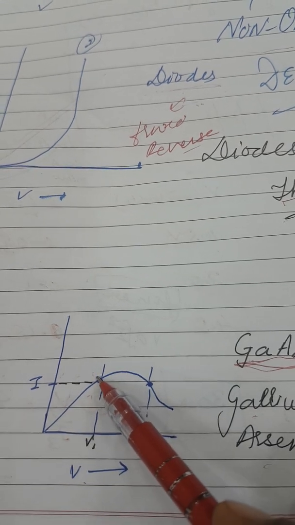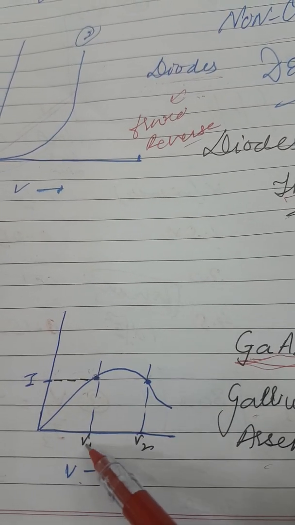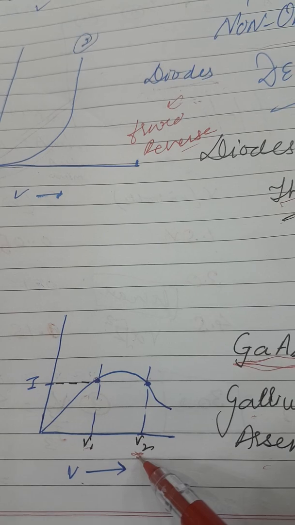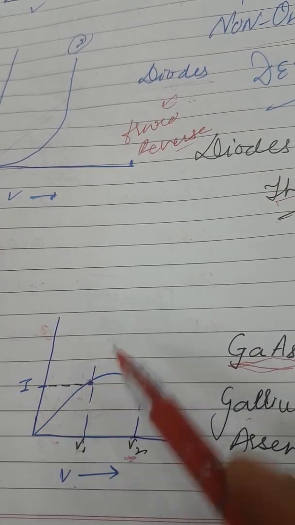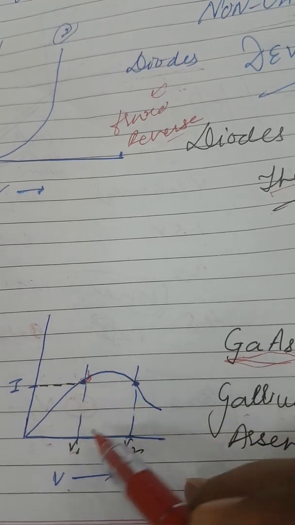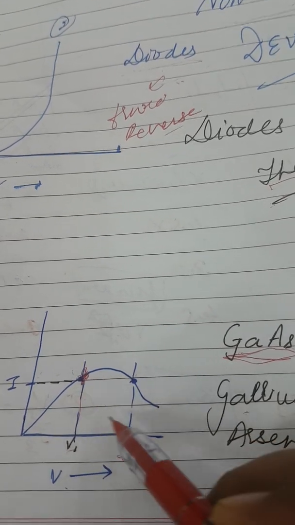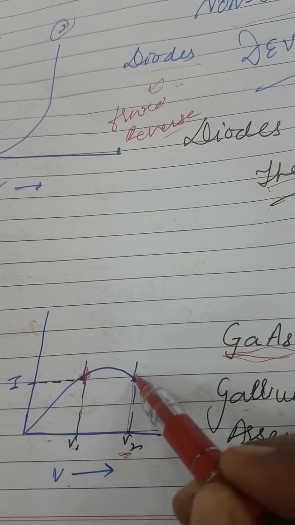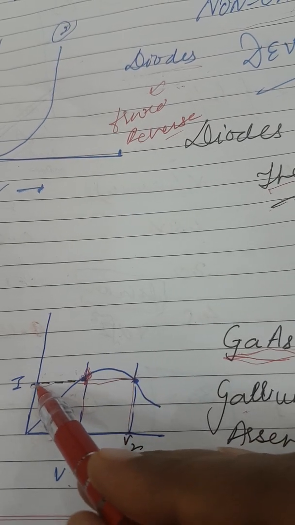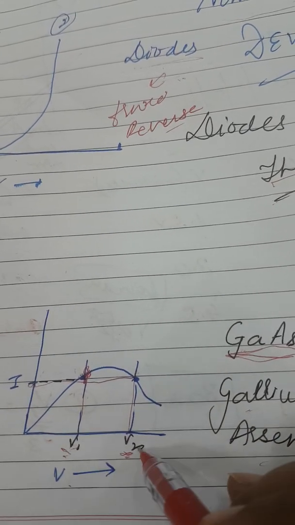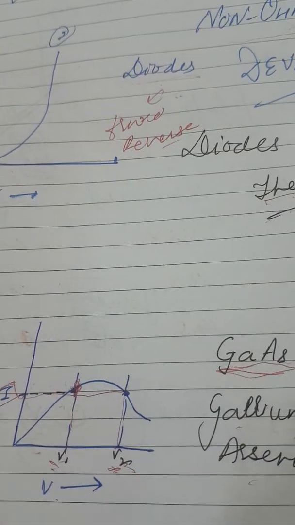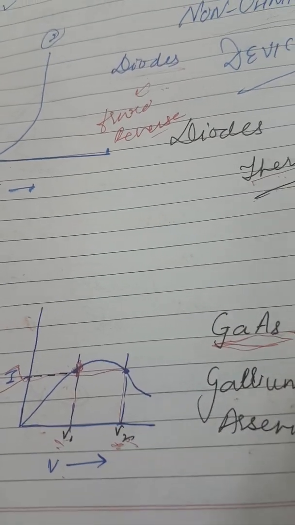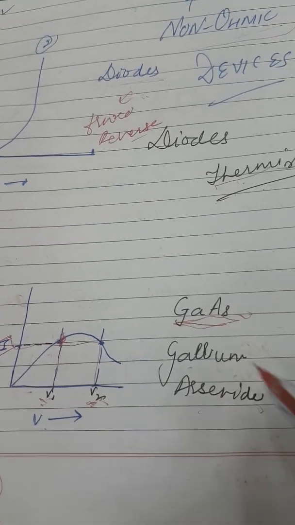For V1 and V2, which have different values, for two different values of potential you are getting the same value of current. See, this is V1 corresponding to I and this is V2 corresponding to I. So this shows a very different pattern for the VI graph for gallium arsenide.